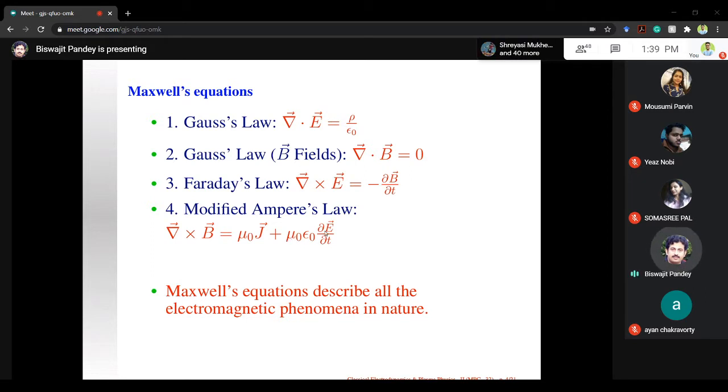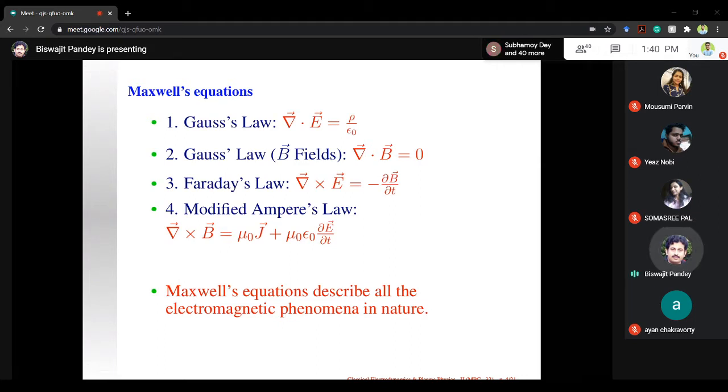Displacement current was not measured by anyone before Maxwell. So it was predicted theoretically, and this was the most important contribution of Maxwell, because it led to Maxwell's equations, which gave us a complete picture, or rather, the main tools which can explain all the electromagnetic phenomena in nature.